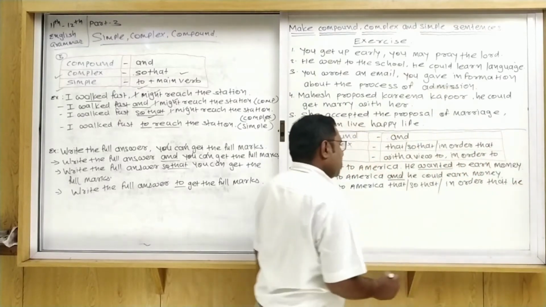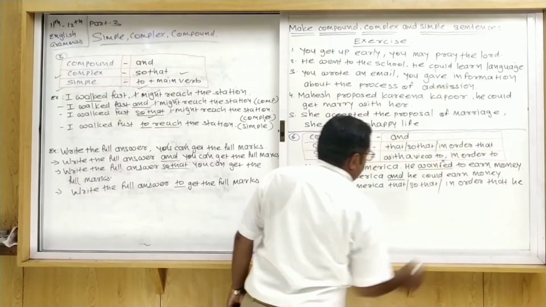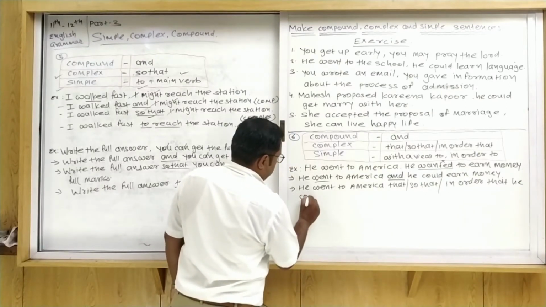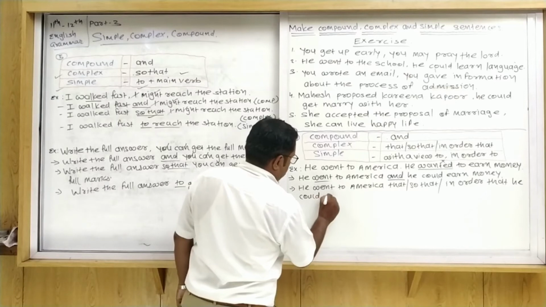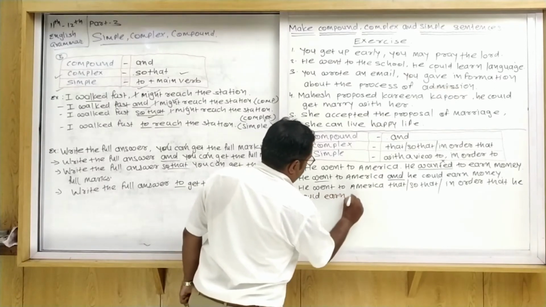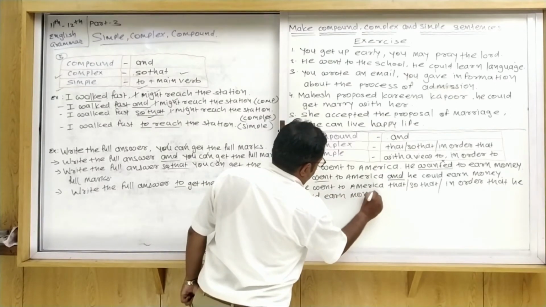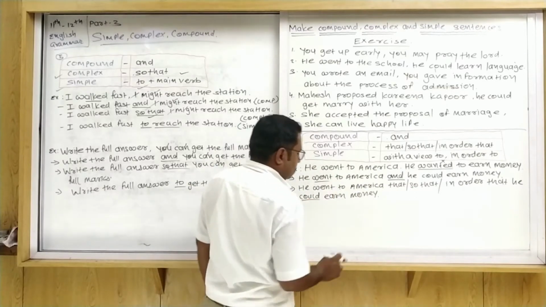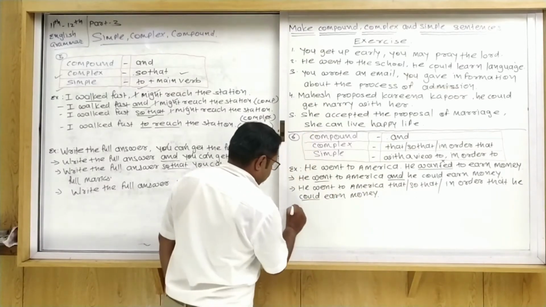We remove wanted, so he, past tense used here, so he could earn money. Okay, I use here could because the sentence is about past tense.